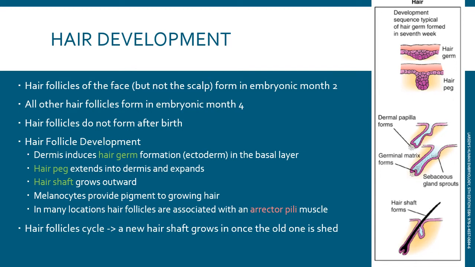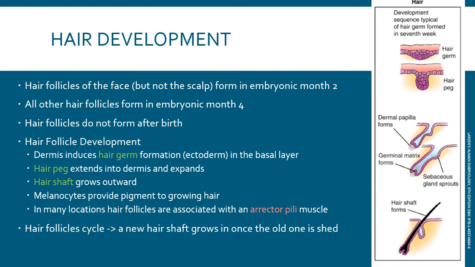Now, when we form hair follicles, we start with surface ectoderm in the basal layer, and it induces what's called a hair germ, which is a bundle or a group of cells that then project downward to form the hair peg. So they extend into the dermis and they expand. And once they grow to a certain level, the hair shaft then starts to grow outward back up toward the epidermis.